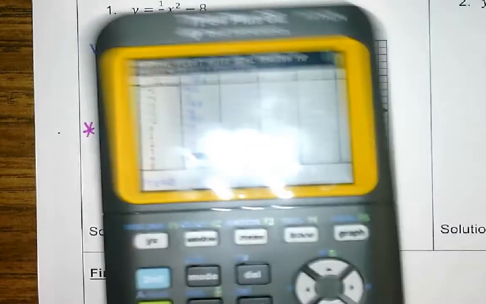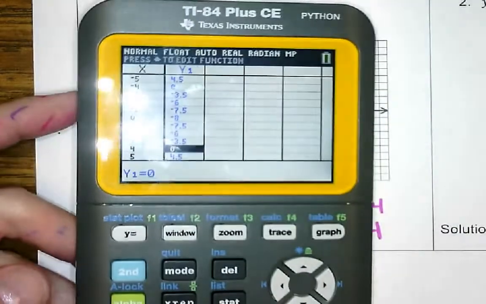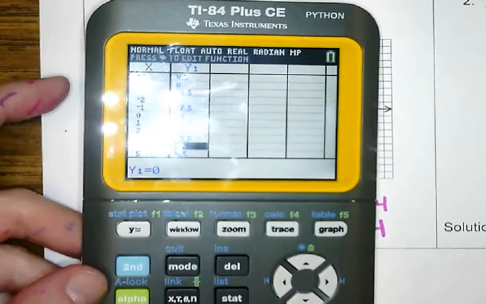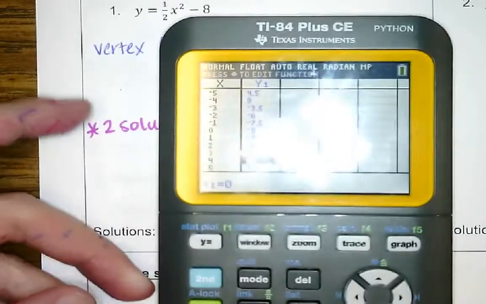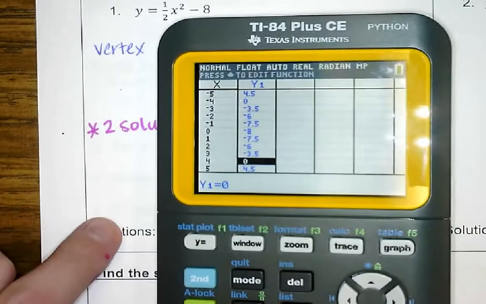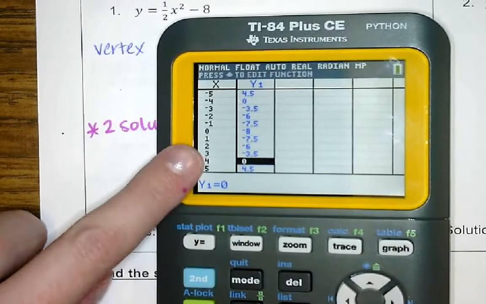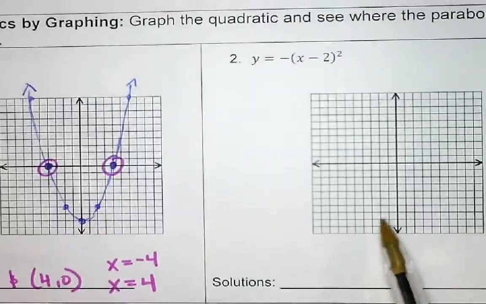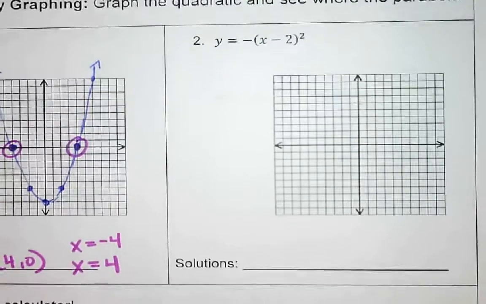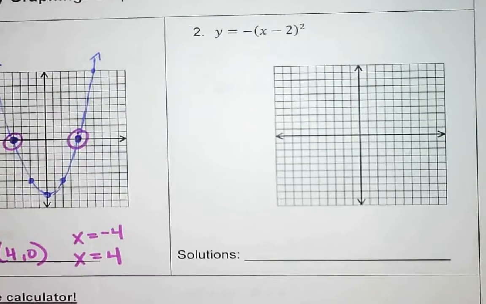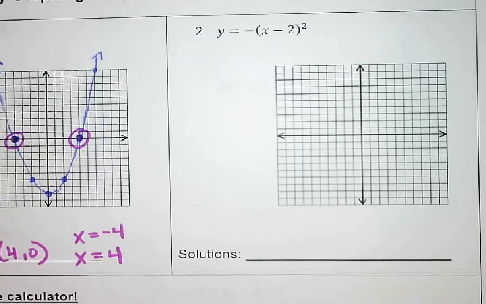So for this particular one, guys, you can find your solutions from the calculator. So guys, for number 2, I want y'all to do that right now, where you literally just graph it and then find your solutions there, okay? So graph it on your calculator, and you're pretty lucky when you get these nice, clean solutions here. If you do not have a calculator, now is a great time to go get one.